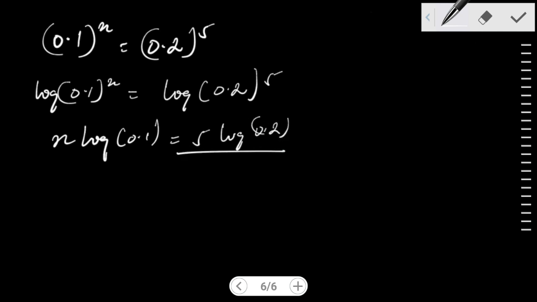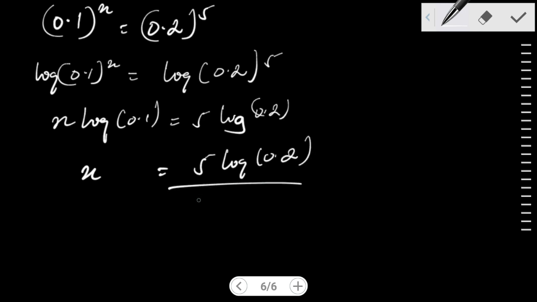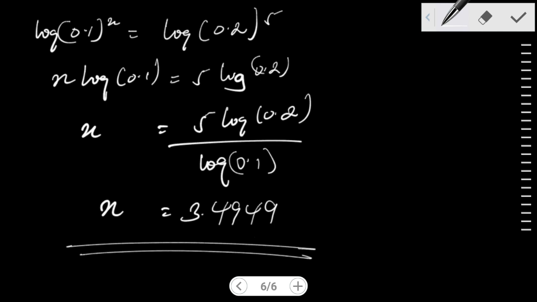So having got this, to get x, I would say that this is equals to 5 log 0.2 divided by log of 0.1. And therefore, here I'm going to get x equals to 3.4949. Therefore, this would be the value of x in this case.